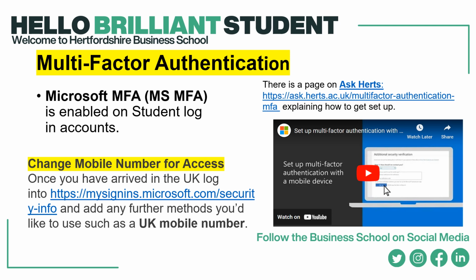It's very vital, as the university takes internet security very seriously. So you need to have your mobile device ready every time you log in, and then you need the code. Okay, so if you have changed your mobile number or have any issues accessing the multi-factor authentication, you can always visit Ask HBS either on the web browser or on your HBS mobile app.